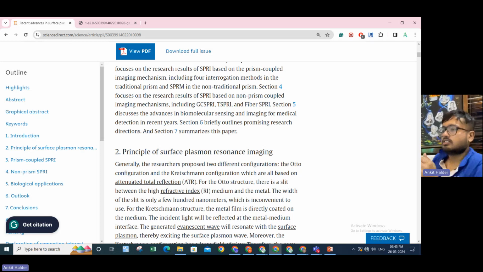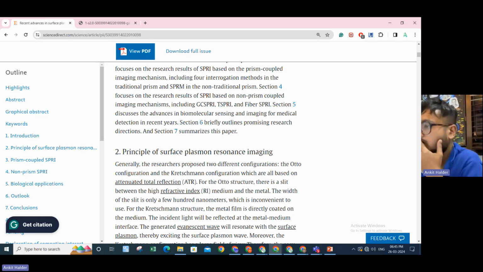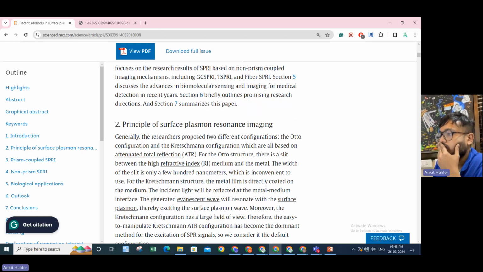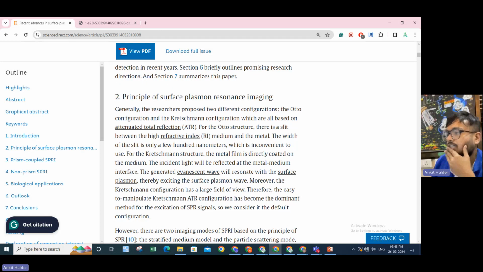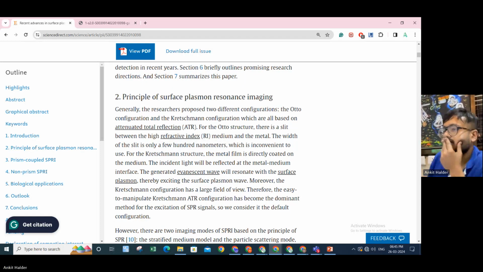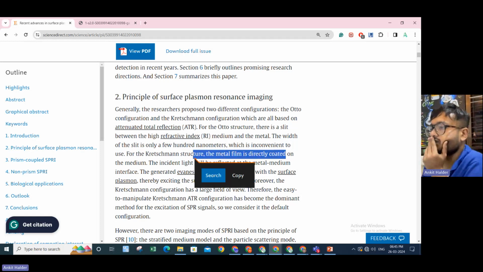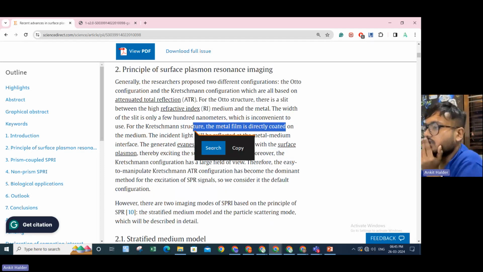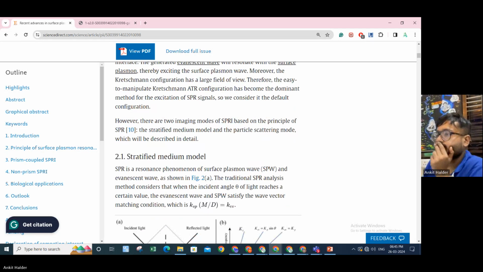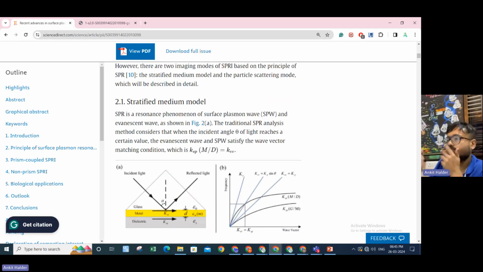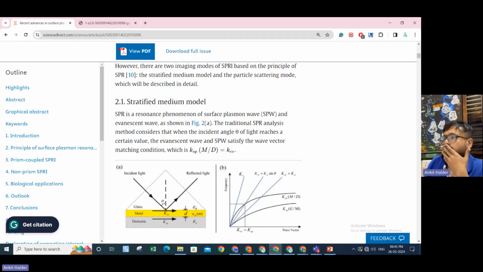Basically, the researchers took different configurations. For the slit and the metal, the width of the slit, for the placement structure, the metal field is calculated. Incident light and the reflected light.